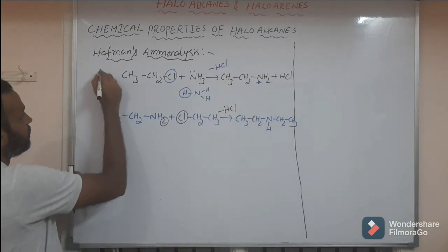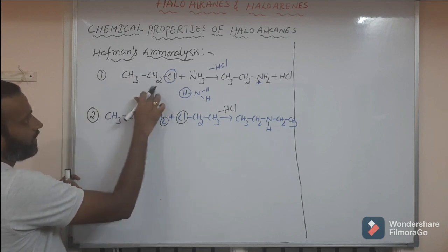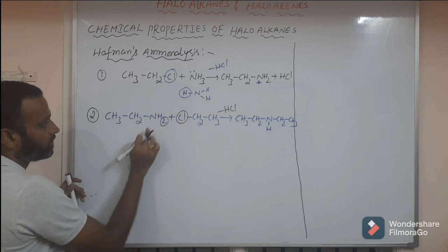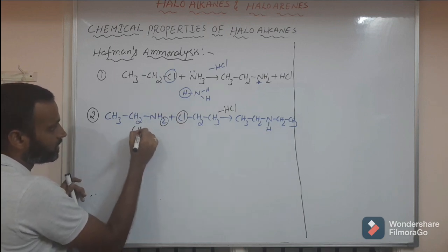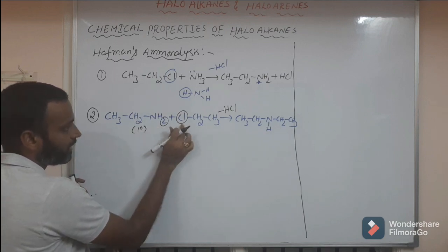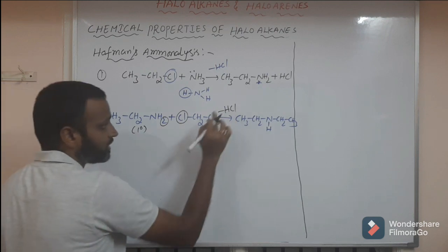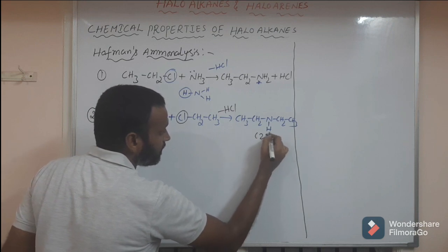Two times over. First time, 1 mole of ethyl chloride reacts with ammonia and 1 hydrogen is removed from ammonia. Now a primary amine was formed. This primary amine again reacts with ethyl chloride, chlorine and 1 hydrogen from this amine removed as HCl. Then you got a secondary amine.